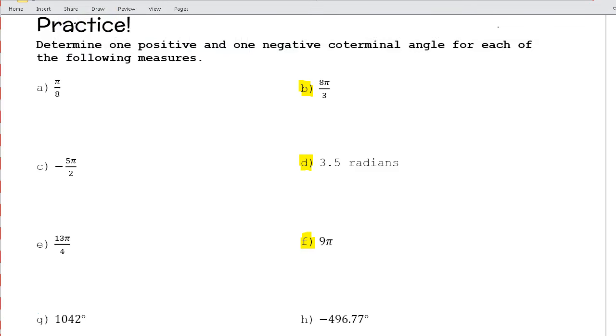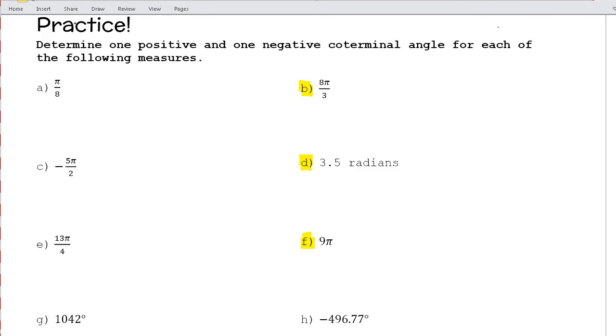The first thing that we notice about B is that the angle is larger than 2 pi. So anytime we have an angle that's larger than 2 pi, absolute value wise, we're going to have to either add or subtract a full revolution. So in this case, since we're dealing in radians, we're going to have to add or subtract 2 pi more than once.